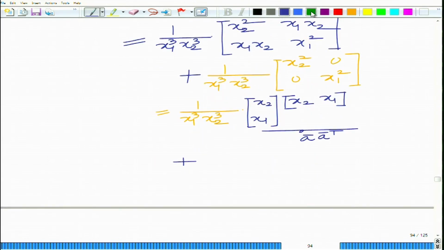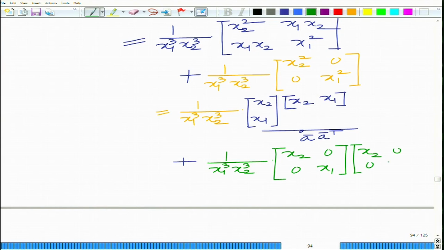Plus, obviously, the next one you can easily see is x1 cube, x2 cube, diagonal matrix x2 0 x1, 0 times x2 0, and this will be a matrix of the form BB transpose. Okay, so we have decomposed it into the sum of matrices which are factorized as AA transpose.